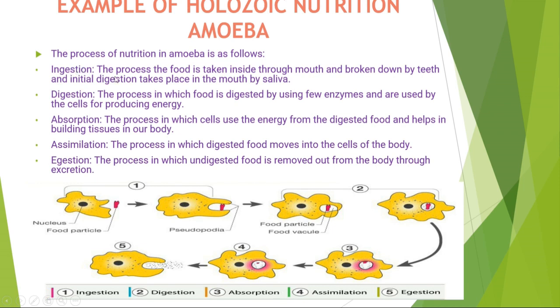So let's start with ingestion. In ingestion, food is taken through the mouth and broken down by teeth, and initial digestion takes place in the mouth by saliva. This basically occurs in human beings. The basic motto of ingestion is taking the food inside the mouth, and then it is broken up by the teeth, and then initial digestion occurs.